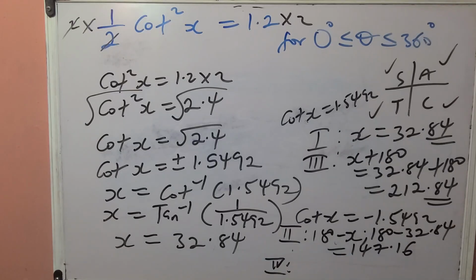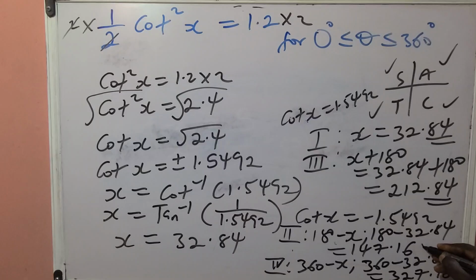Then for the fourth quadrant, the rule that goes on there is 360 minus x, and our x is here. That's 360 minus 32.84, which will give you a value of 327.16. So we have the values 147.16, 327.16, 32.84, and 212.84 as the answer.